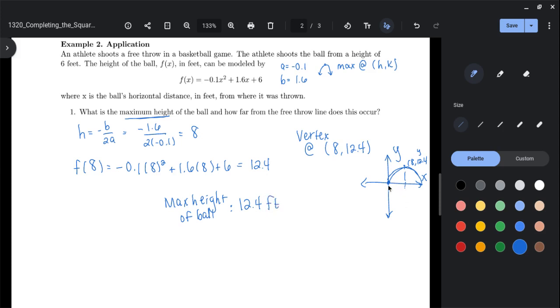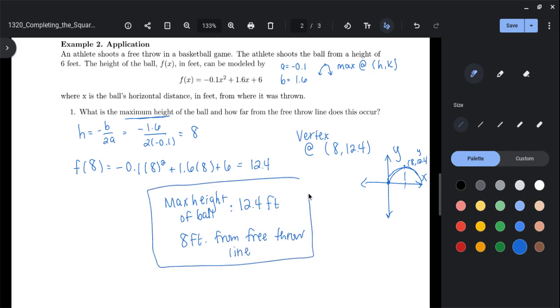And then the distance from where we had started, or where our free throw line was, that is going to be the x value. So our horizontal distance that the ball traveled was 8 feet. So this max occurred 8 feet from the free throw line. And there is our final answer.